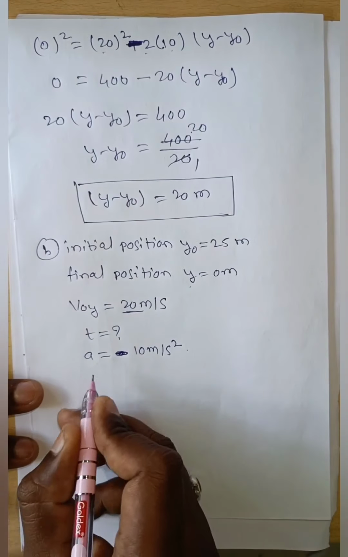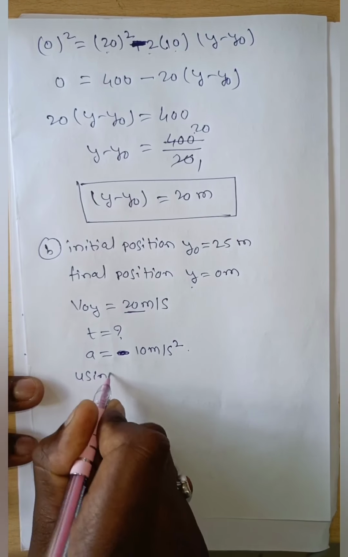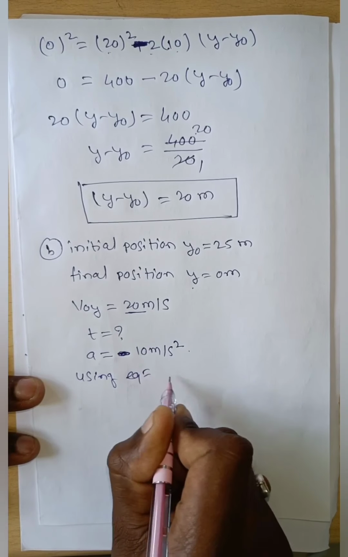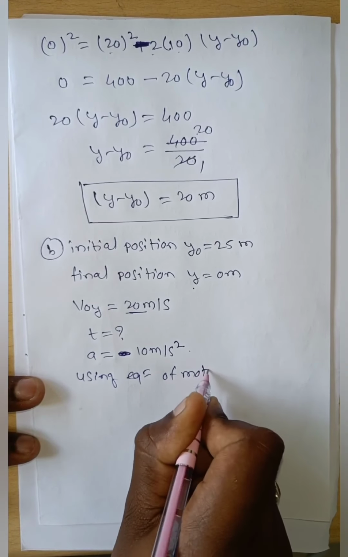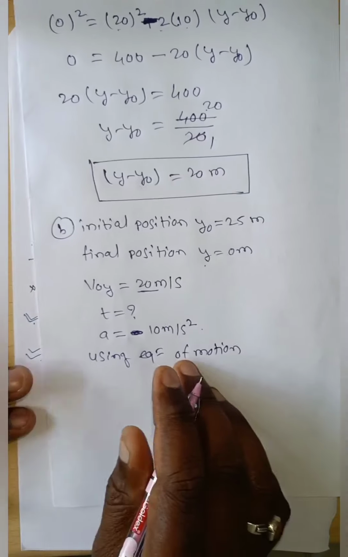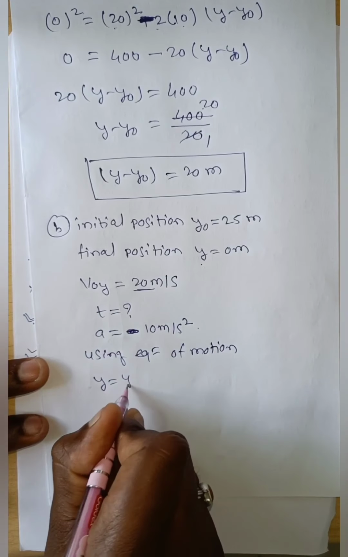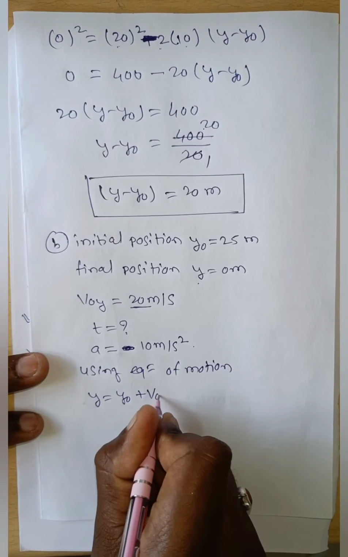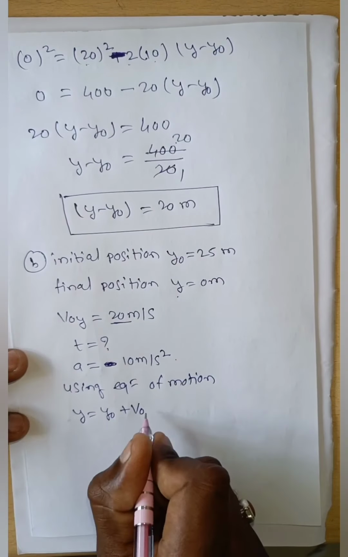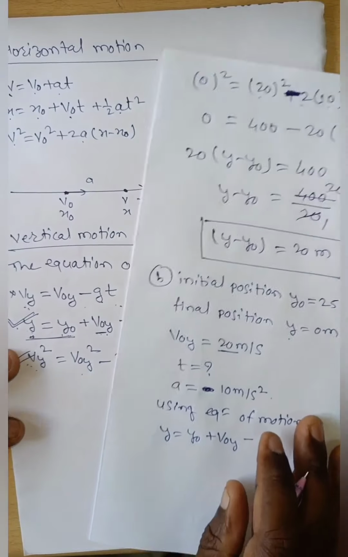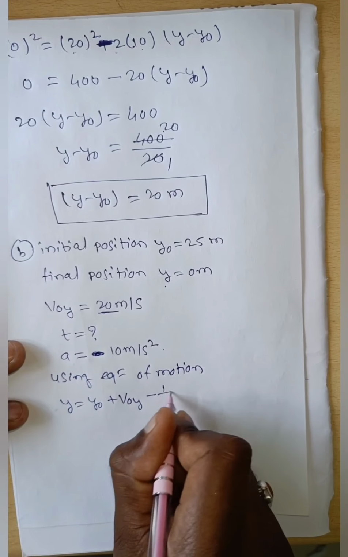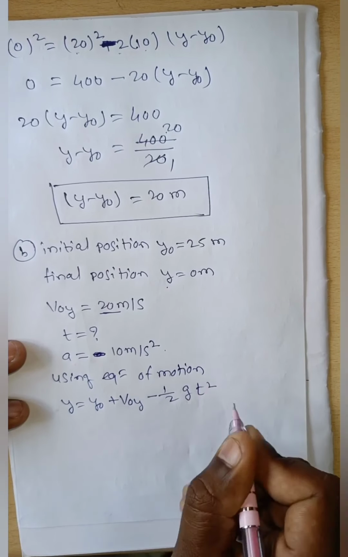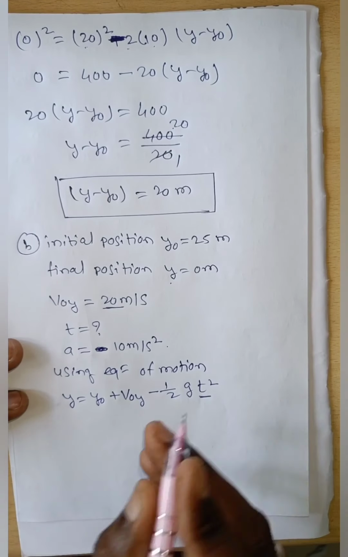Now using the kinematic equation, the equation of motion, y is equal to y naught plus v naught y t minus half g t square, we have to find the time.